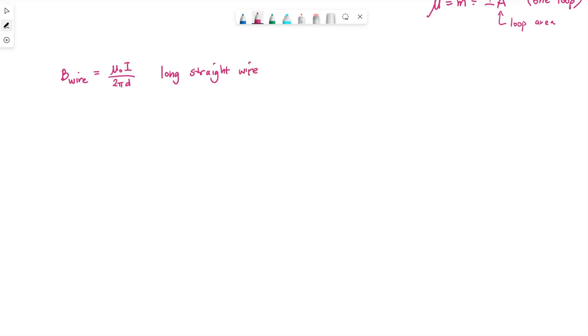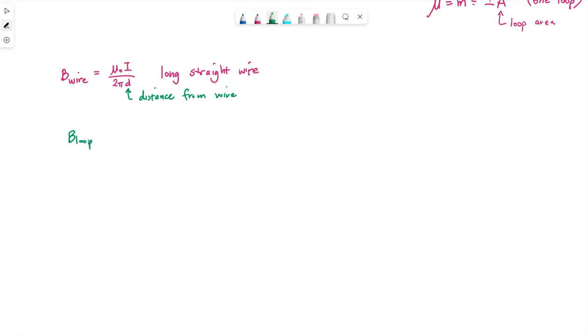This finds the strength of the magnetic field anywhere around the wire, where d is just the distance from the wire to the point where you're finding the magnetic field. We showed this and used this in previous videos.